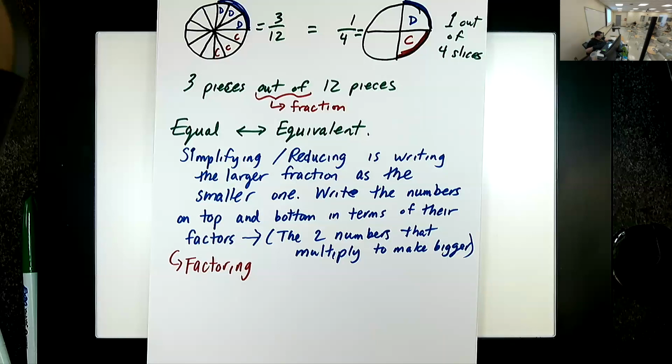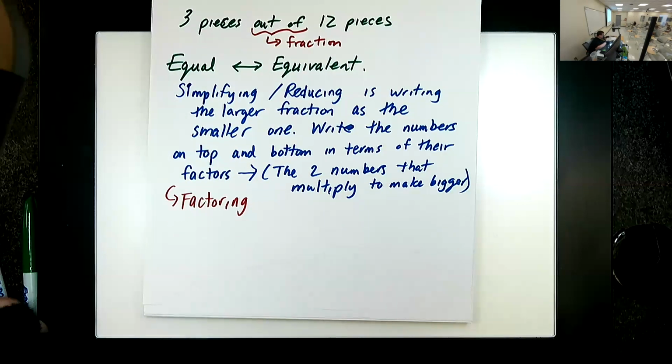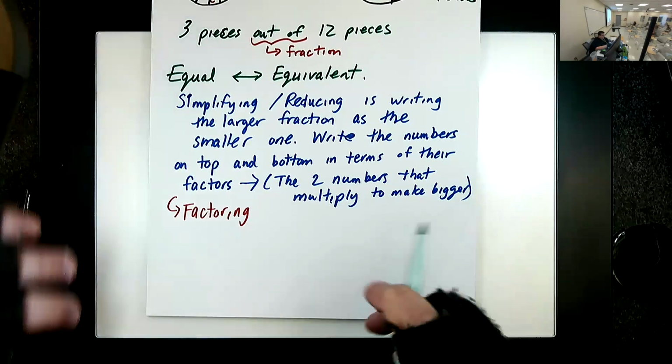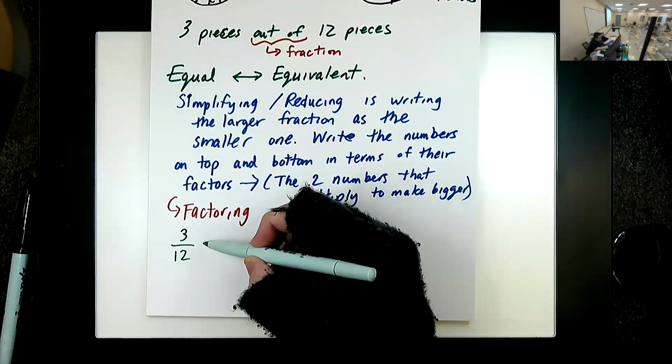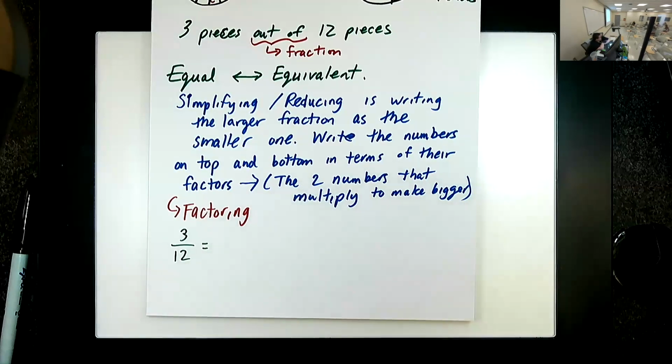So let's do that here. We had 3 over 12. Can I rewrite either one of those numbers as a multiplication of two smaller numbers?